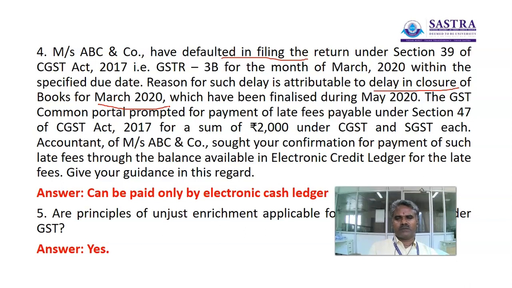The GST Common Portal prompted for payment of late fees under Section 47 of a sum of 2,000 under CGST and SGST. The accountant of Messrs. ABC and Co. sought your confirmation for payment of such late fee through the balance available in the electronic credit ledger. Give your guidance in this regard.